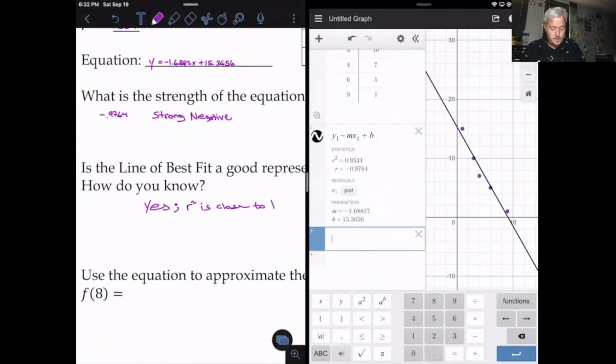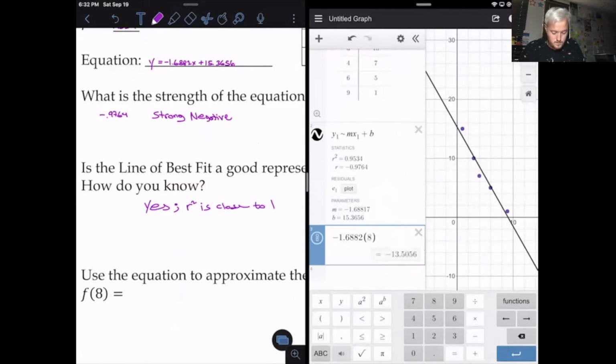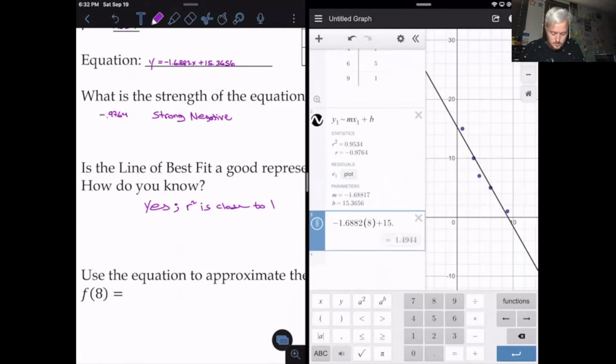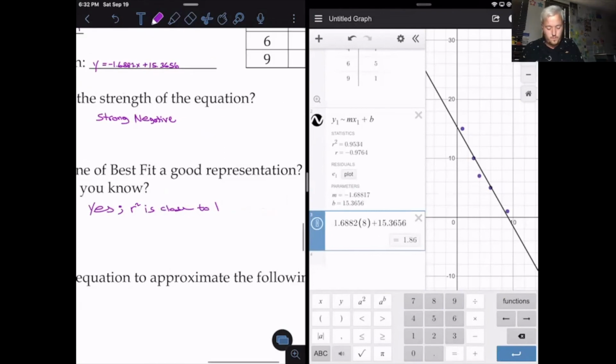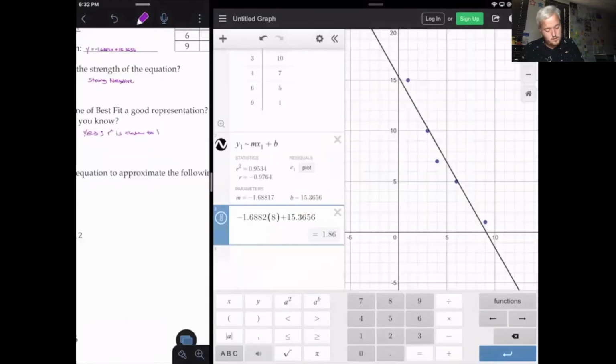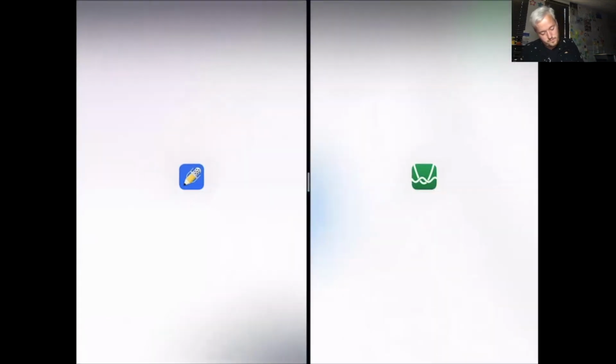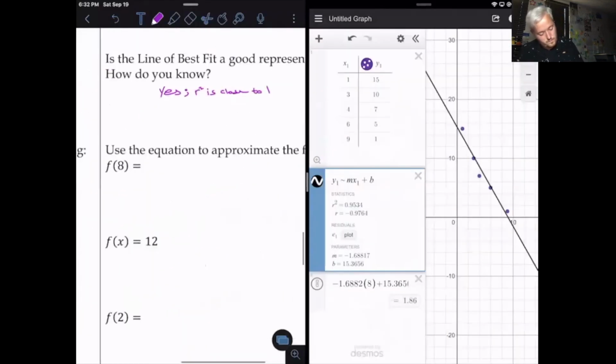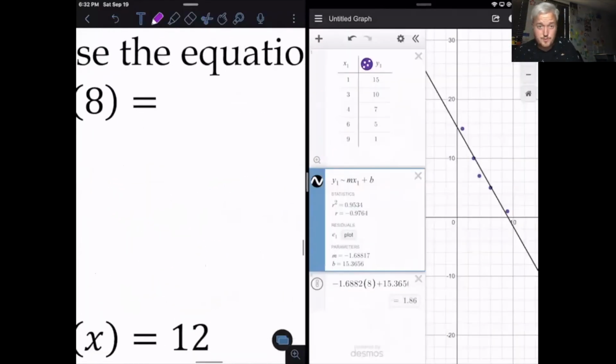I plug in -1.6882 times 8 plus 15.3656. That gives you a value of 1.86. I recommend doing these in Desmos just because doing these by hand would be absolutely horrible. So, 1.86.